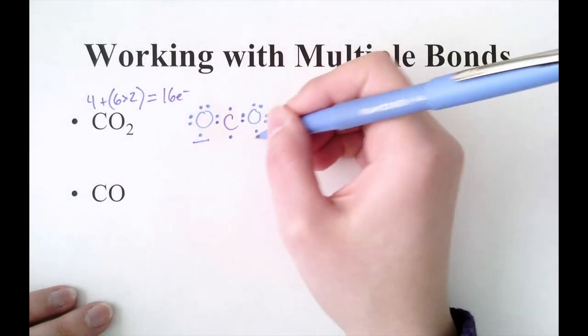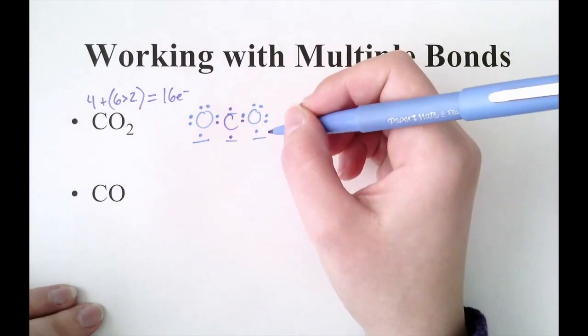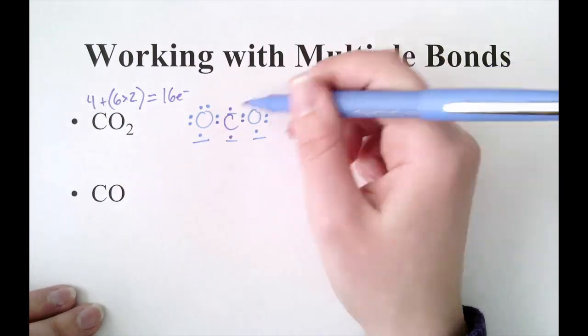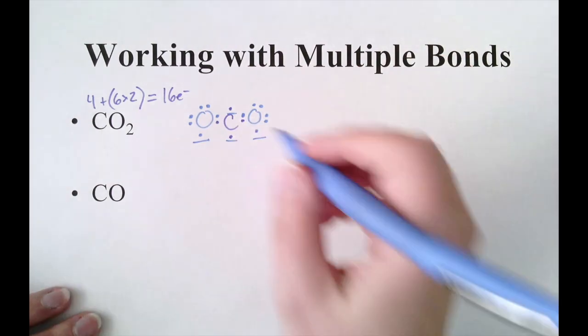So I have 1 unpaired electron on each of my oxygen and 2 on carbon. So I'm going to need to share 2 sets of electrons between carbon and both oxygens.